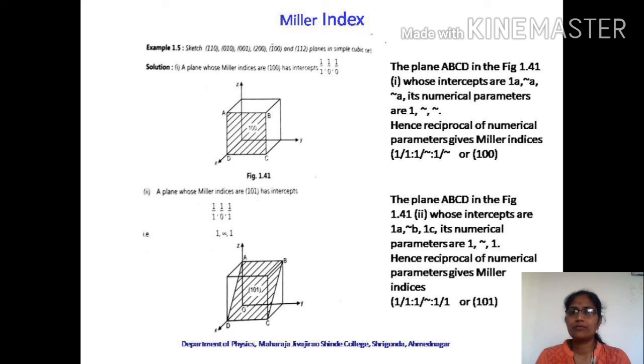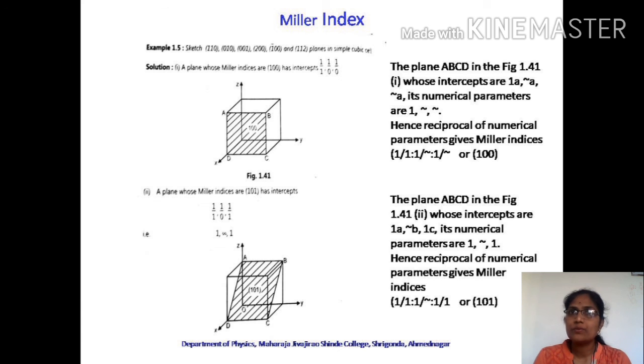Like this, one can find out various planes. The 111 plane will intersect all three crystallographic axes at 1A, 1A, 1A. Then the 100 plane is going to intersect only the x-axis. The 010 plane will intersect only the y-axis. Then the 001 plane will intersect only the z-axis.